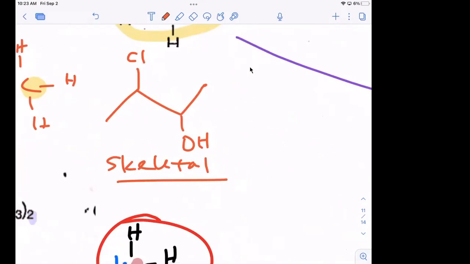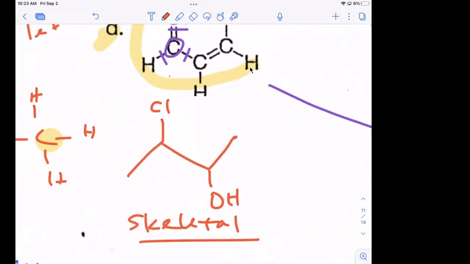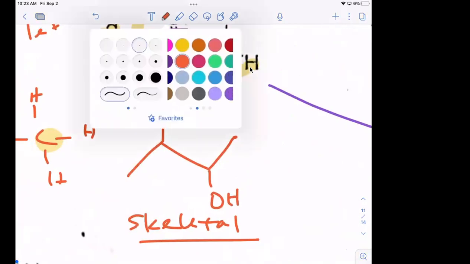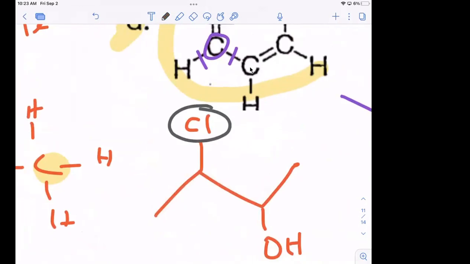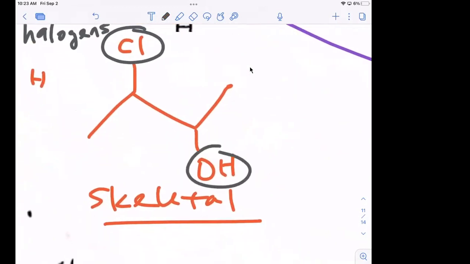All right, this is an example of, so where you have your chlorine, this belongs to a class of atoms you'll probably already know, called halogens. If you have an OH attached to your backbone, this compound is what we call an alcohol.